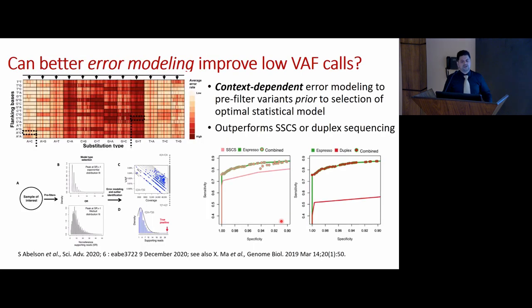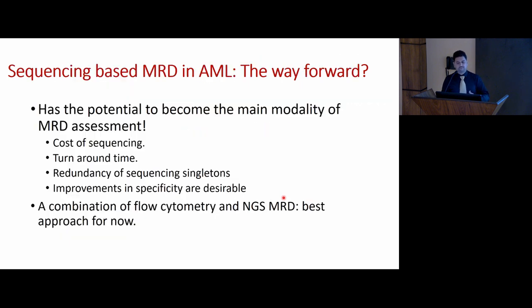Lastly, there are also improvements in error modeling to improve these low VAF calls. We use an approach which, instead of a position-based approach, uses contextual error modeling and a statistical estimation called Weibull estimation. We have incorporated this into our pipelines now for more accurate error modeling in MRD detection.